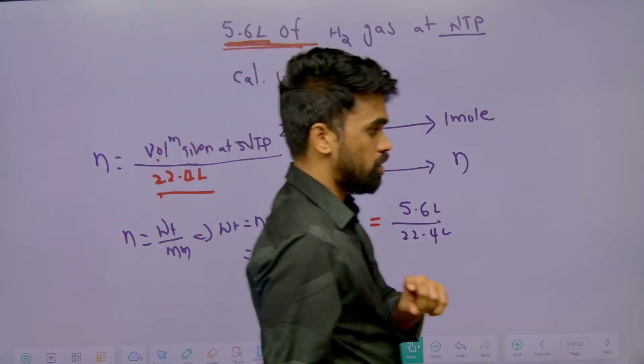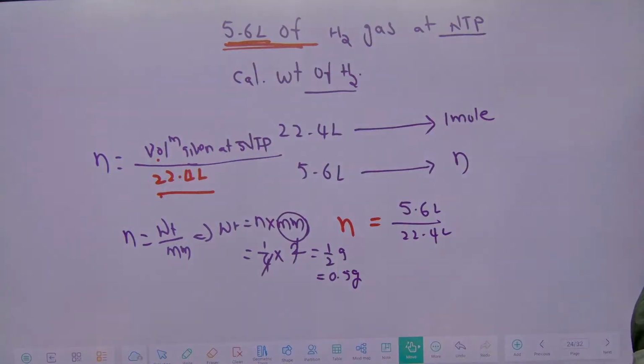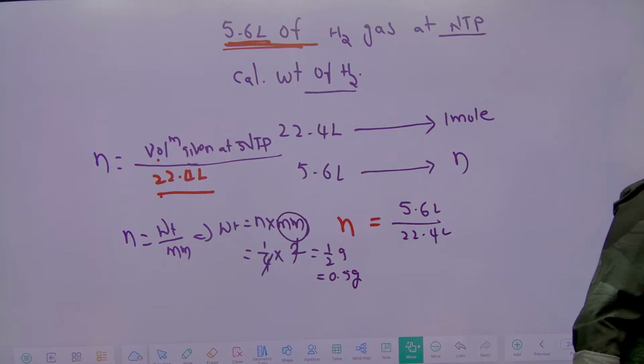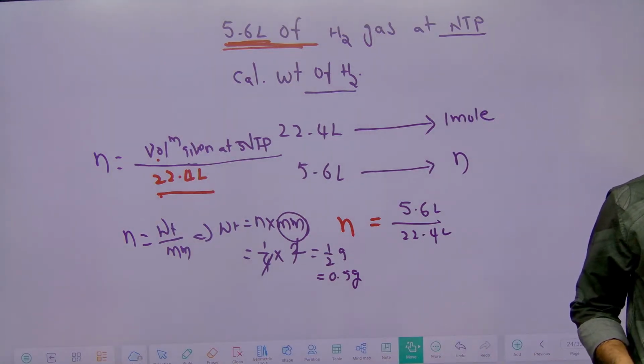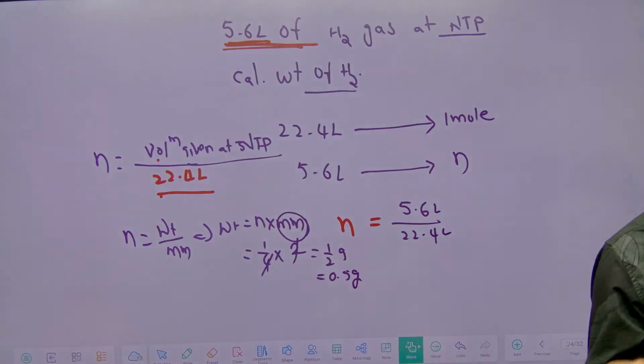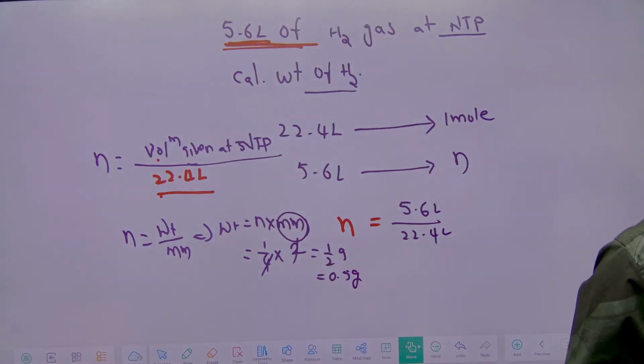Previously I asked one question, 60 grams of ethane given. Check once, go back. 60 grams of ethane given. Weight of CO2 produced I asked. So you can also calculate now.